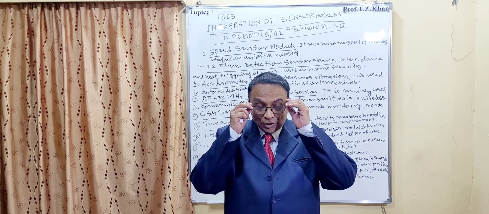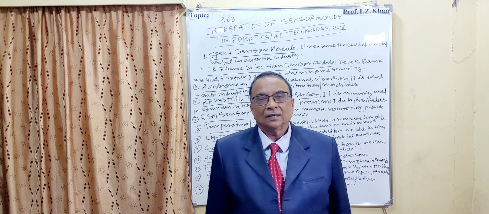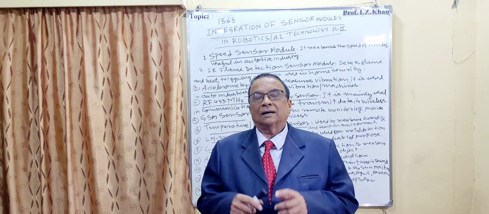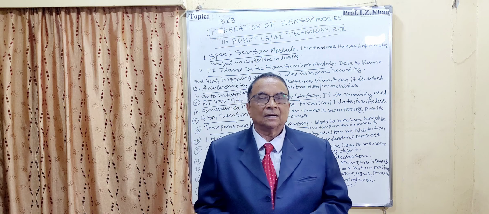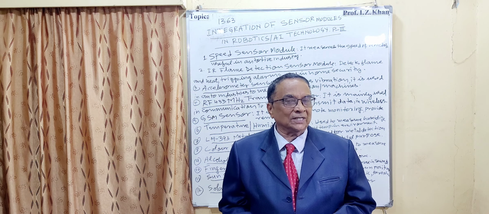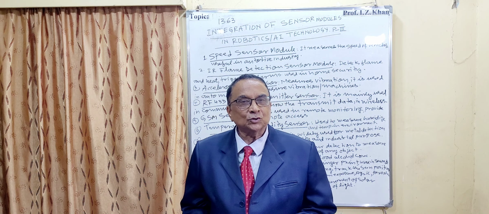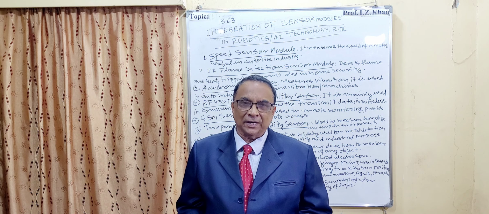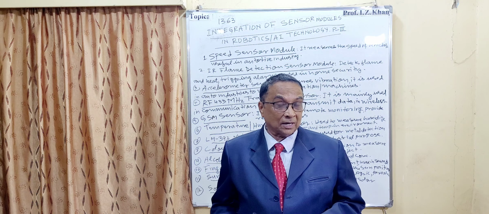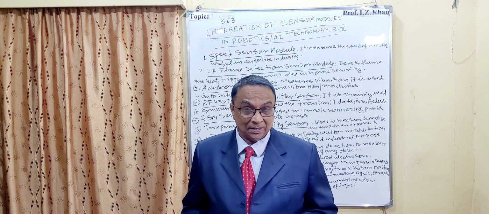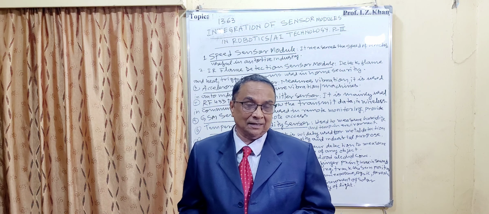So with this I will stop the lecturing on sensors which are used in robotics and artificial intelligence technology combined. My next lecture will start with the question: why is it very important to introduce these two technologies, the combination of artificial intelligence and robotics, at school level in Nigeria?